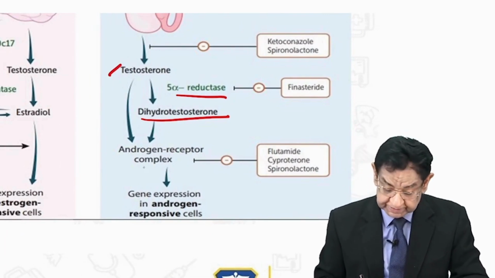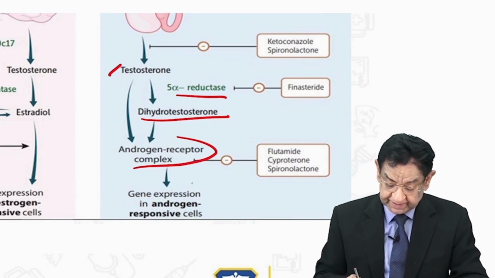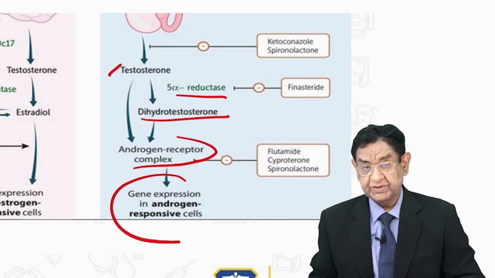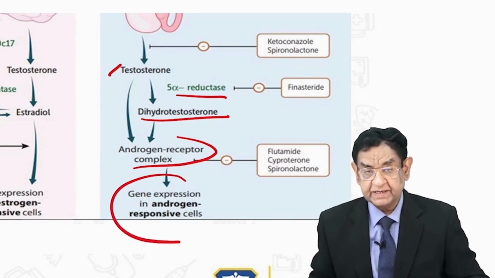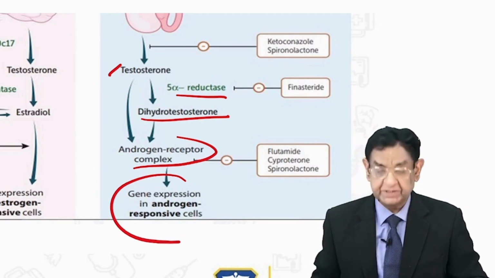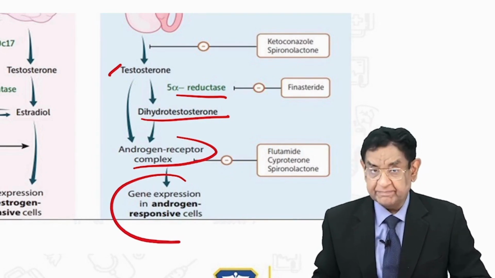The so-called androgen receptor complex is made, and it acts on the genes in androgen responsive cells. This is what happens in the males.